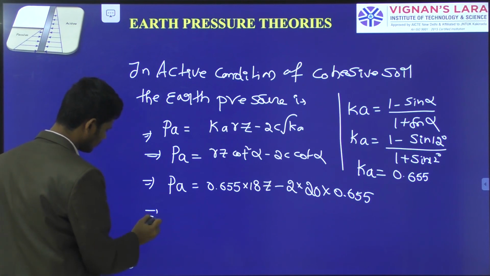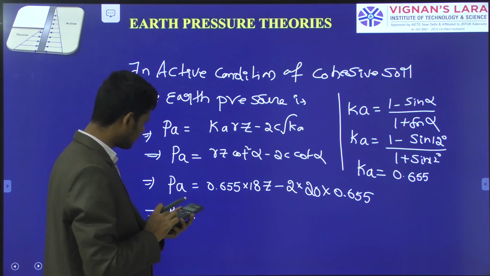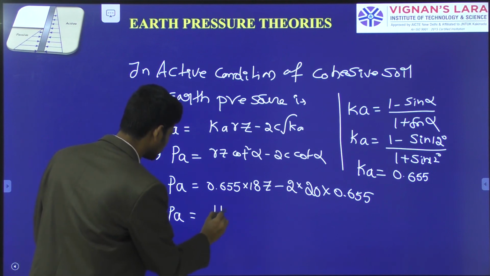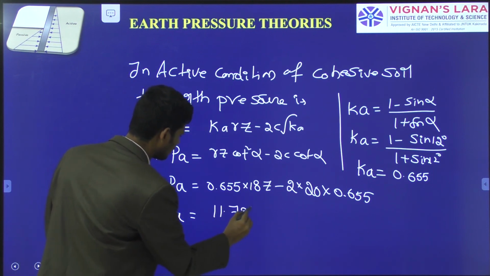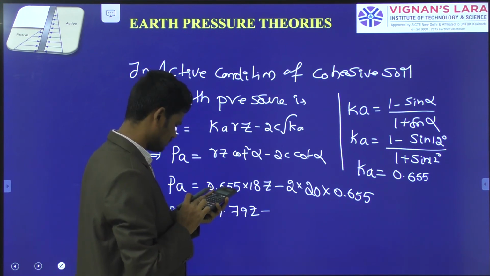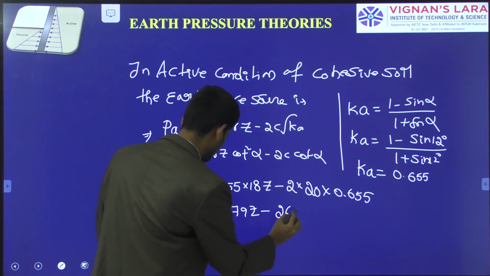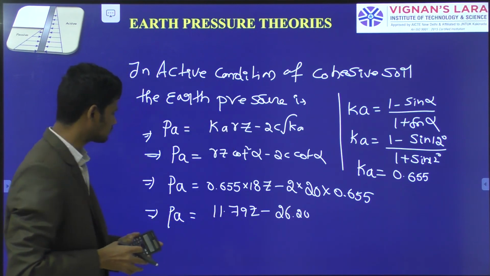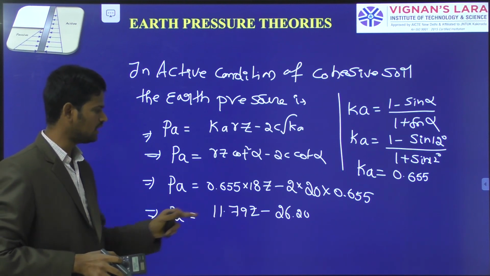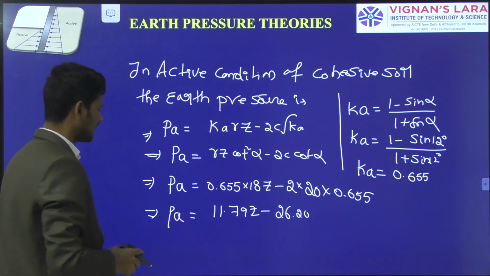From this, the active earth pressure Pa equal to 0.655 into 18 into Z, that is 11.79 into Z, minus 2 into 20 into 0.655, which is 26.20. So Pa equal to 11.79 Z minus 26.20. This is the active earth pressure at any depth of the soil mass.